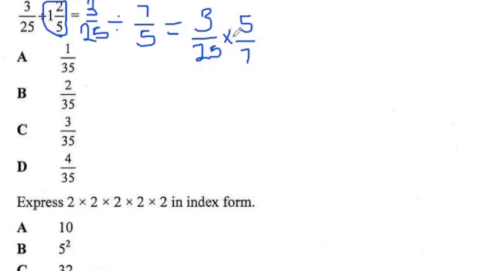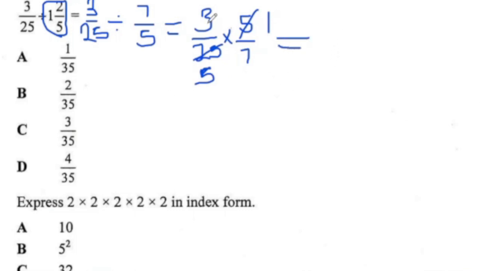Now once we have this, we're going to find a number that can go into 25 and this. We can still find a number that can go into 3 and 7. First let's find the number that can go into 25 and 5. The number that can go into 25 and 5 is 5 itself. So 5 into 5, it's 1. 5 into 25, it will give us 5. Once we have done this, we can go ahead and do the multiplication.